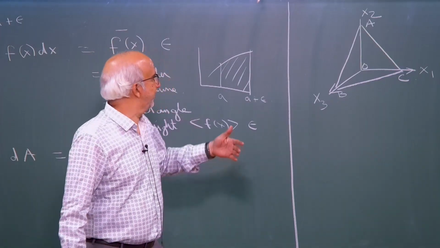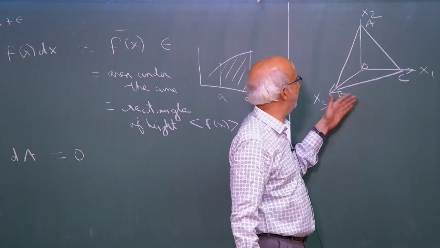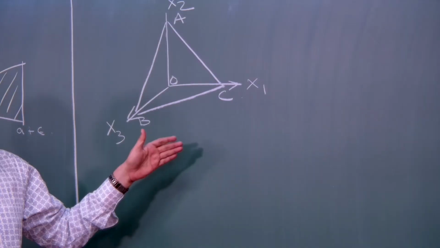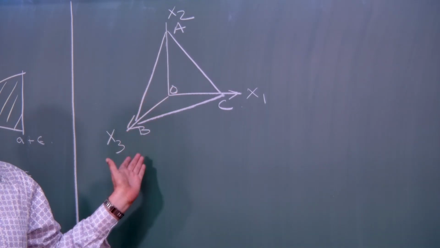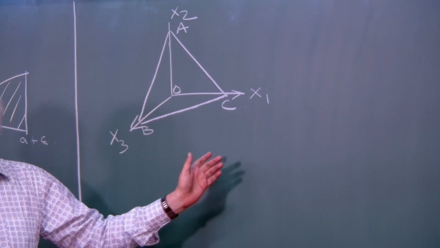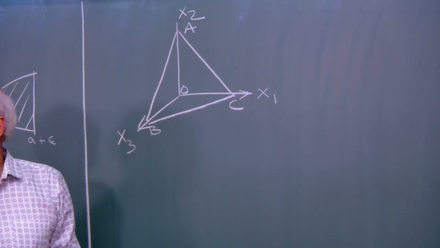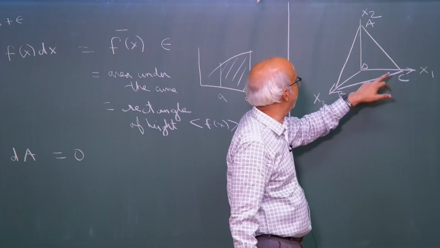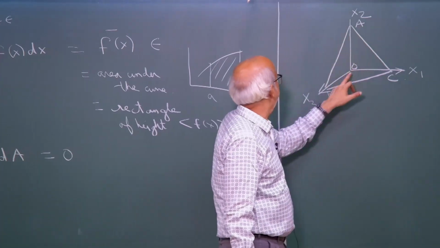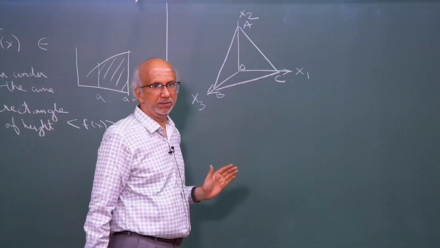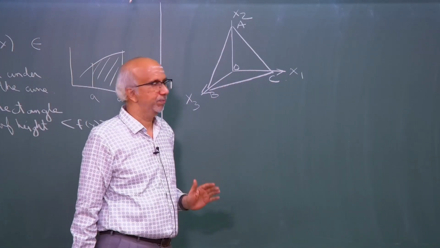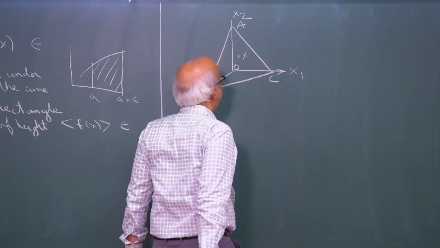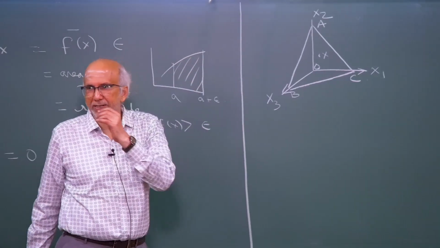One of these is the inclined face ABC, and the other faces correspond to the x1 x2 plane, x1 x3 plane, x2 x3 plane, passing through O. So, OBC is one face, AOC is one, AOB is another, and ABC is another. There are 4 faces. Point x is some point inside, and this is a very small tetrahedron.